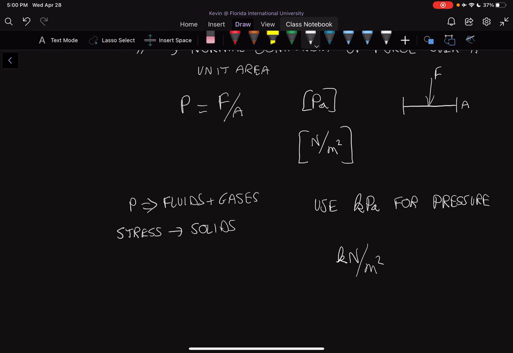Okay, and just a few other things that are used as units. You can use atmospheres for pressure. One atmosphere is equivalent to 101,325 pascals.